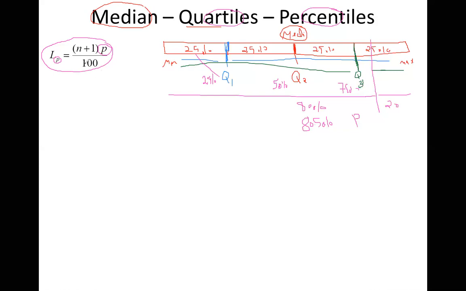Just to explain, n is the number of values that you have. P is the percent of the data less than the measure which you need to find. That means P takes different values.